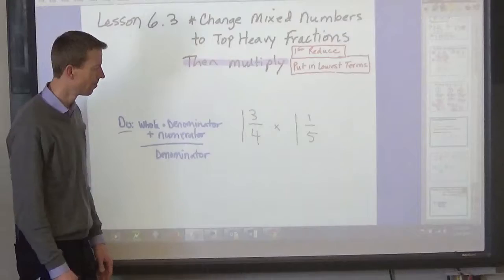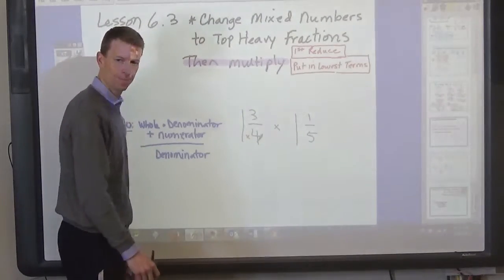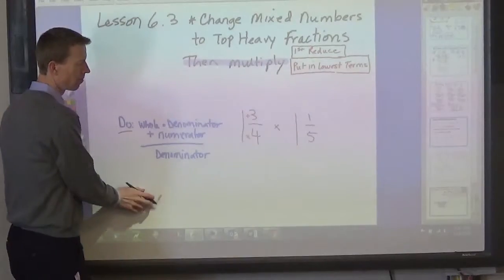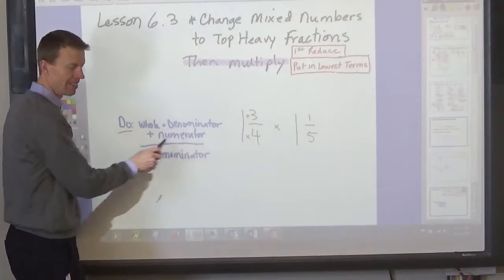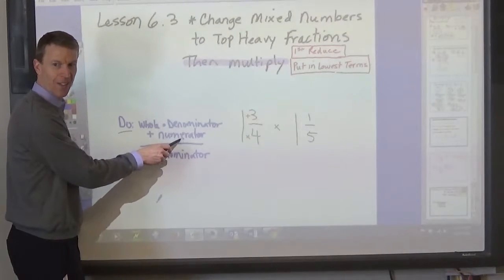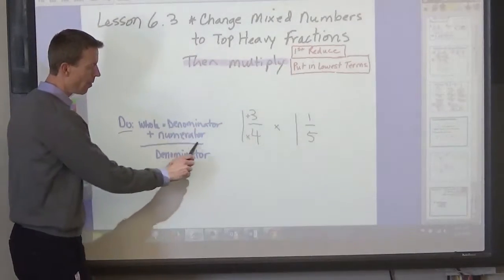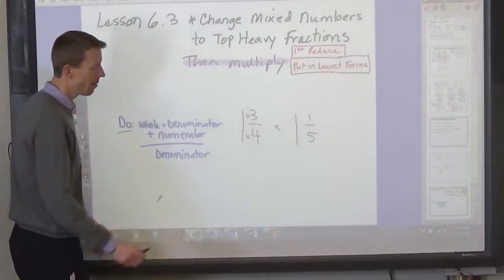Okay. So you do the whole number times the denominator. So 1 times 4 is 4, and then you add the numerator. That's the number on top. Add that to your sum. And then write it over the denominator.